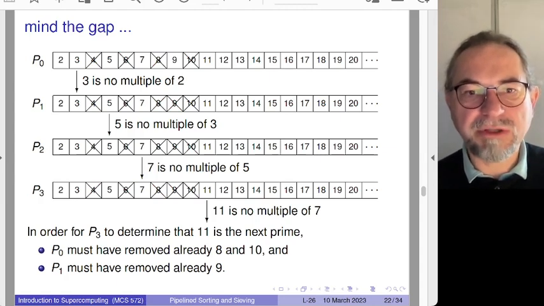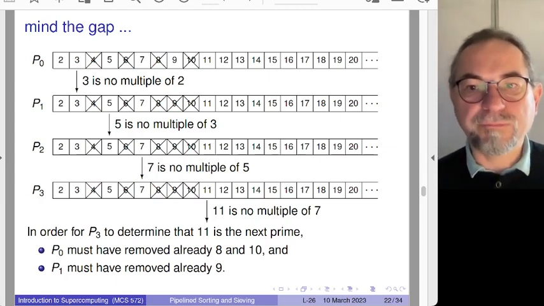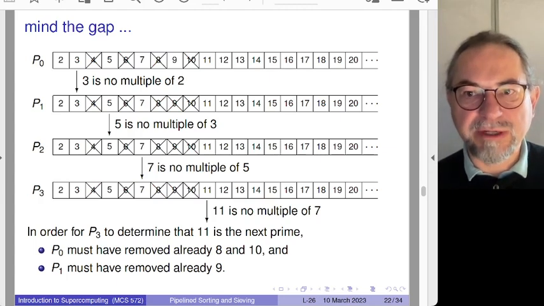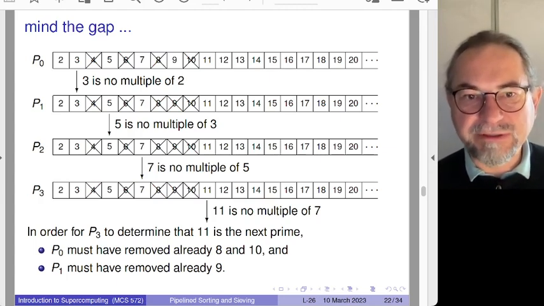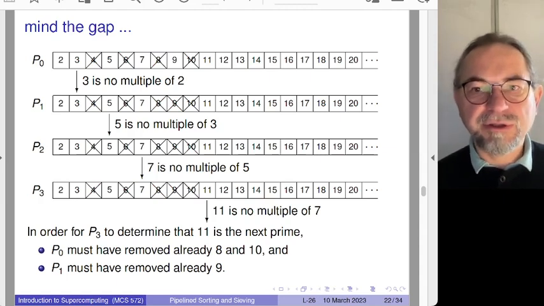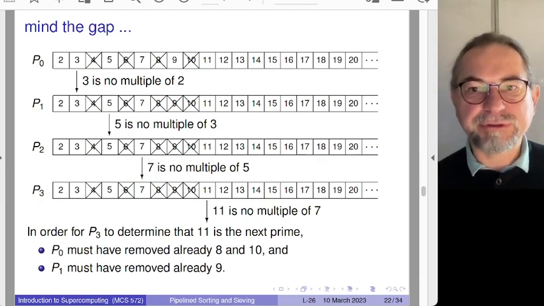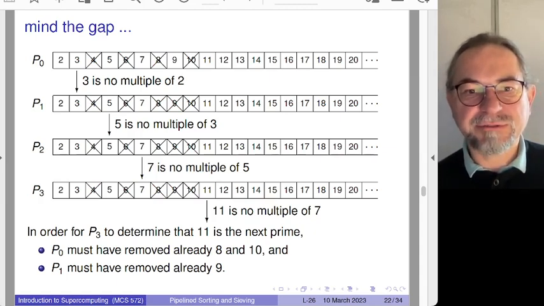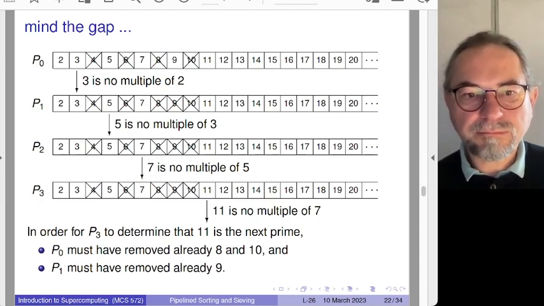And P1 must have removed already 9. So before the sending of the sequence, the removal must have happened already at a sufficiently advanced stage. So mind the gap.